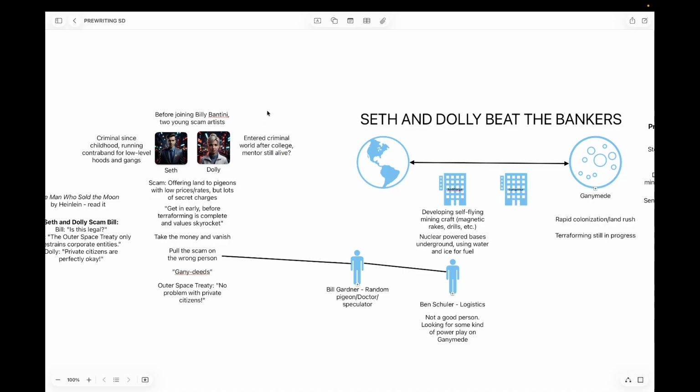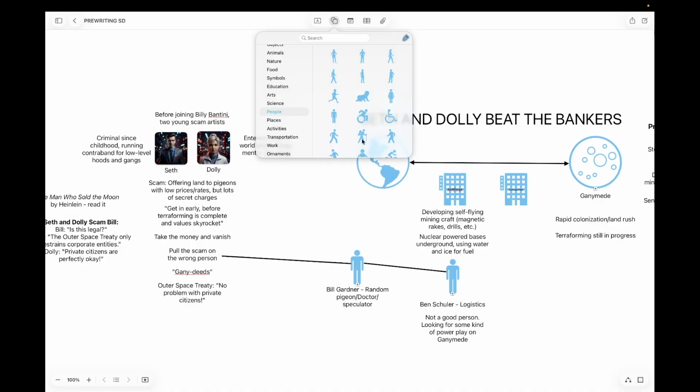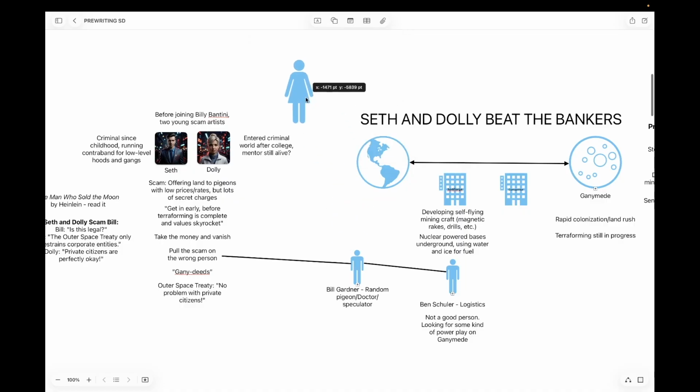I like the idea of it being a mentor, a woman like her, a fellow businesswoman who is very tough, very serious, who is very smart. I don't know who yet. We'll see about creating a... Oops, actually I didn't want to do that. Let's create a symbol for her. And we'll just call her Dolly's mentor.